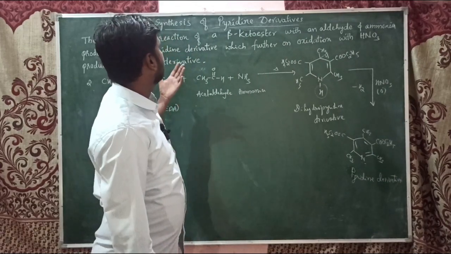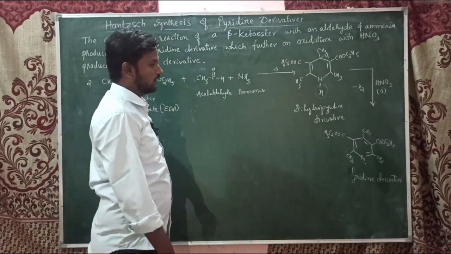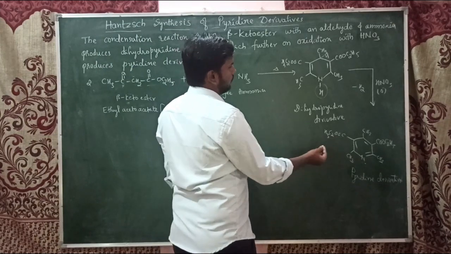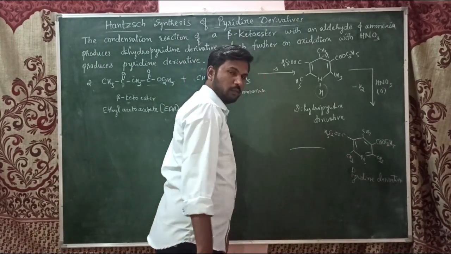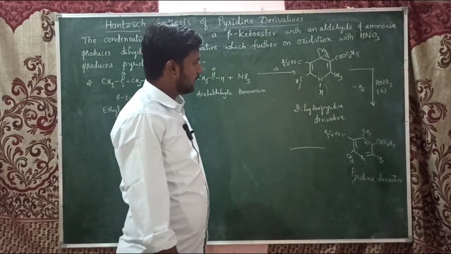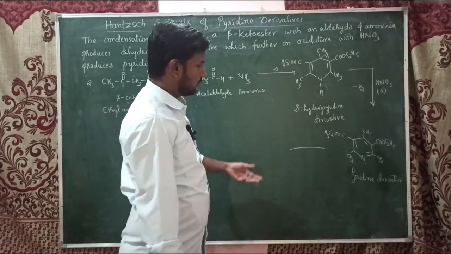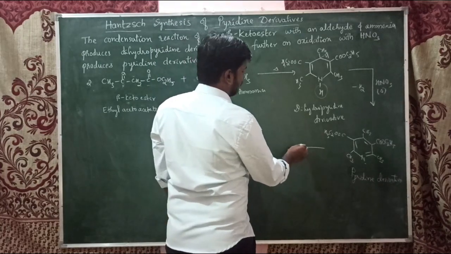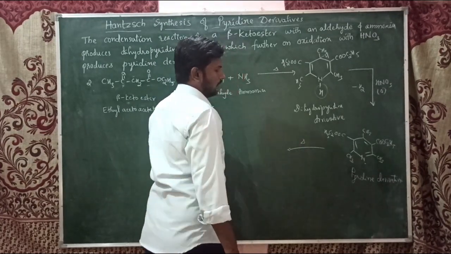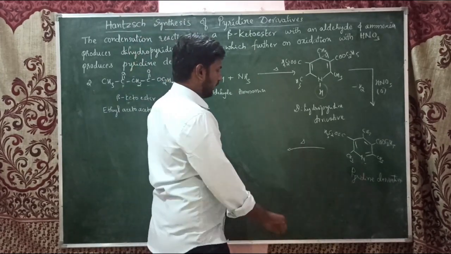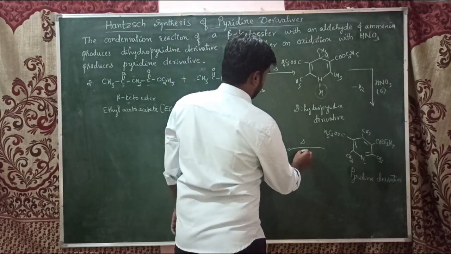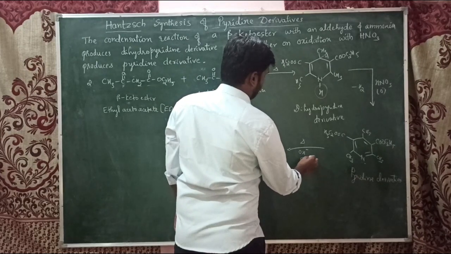This process was given by Hantzsch, a German chemist. You can also remove all these ester groups by hydrolysis and decarboxylation. This hydrolysis and decarboxylation will be done when we treat with base and calcium oxide.